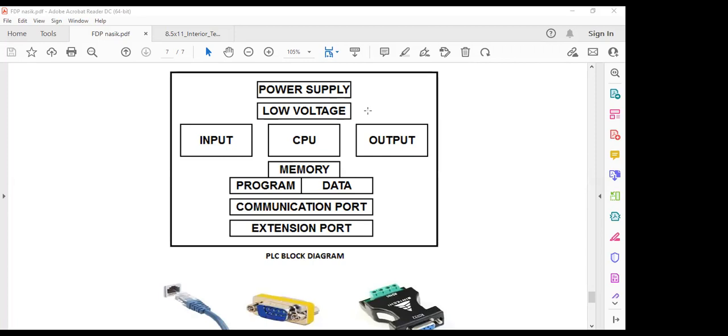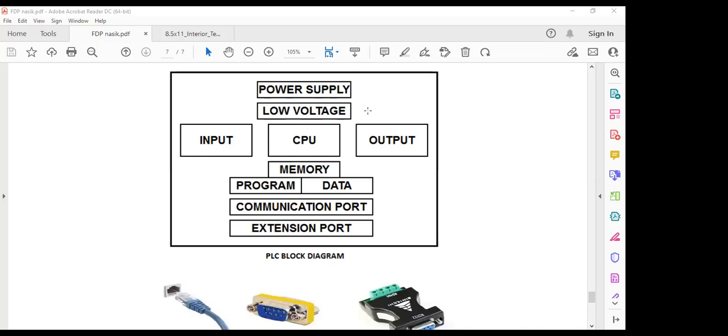Relay type, note down relay type. Second, transistor type. Relay type, transistor type. And third one is TRIAC. So we had three types of terminals. Nowadays, we have only two types.